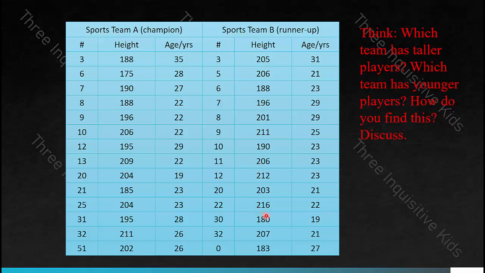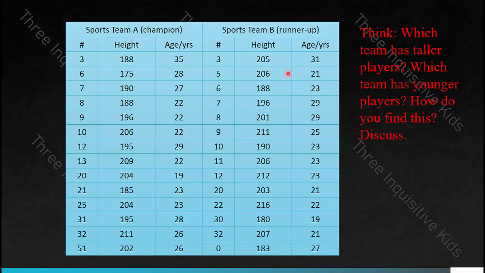We see more in the 200s here, and their lowest is in the 180s. So 180 is their lowest score. So based on height, team B, the runner up, is taller.